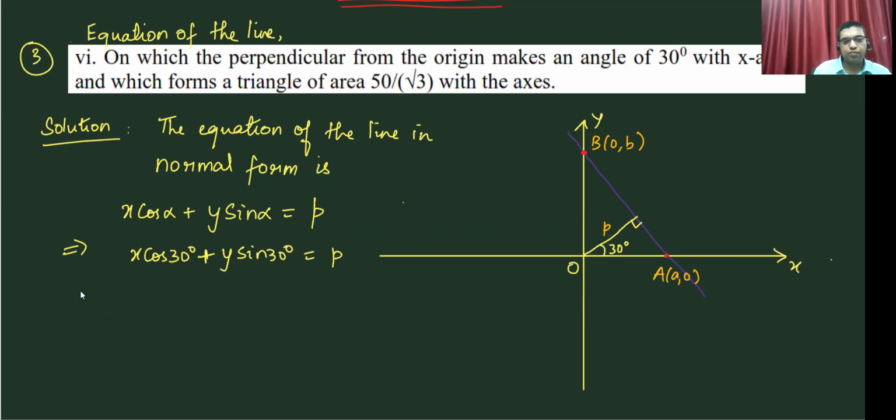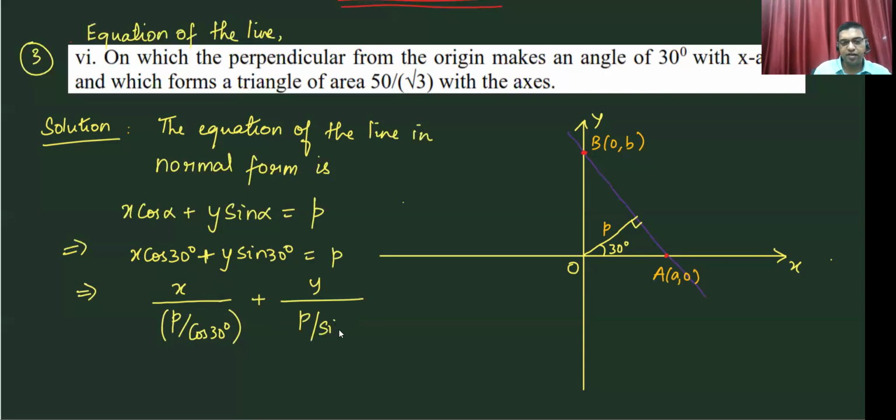Now what I'll do, I will write this in the intercept form. I'll divide by p throughout. When I divide by p, I'll get x cos 30 by p plus y sin 30 by p equal to 1. And then that cos 30 I have to take from numerator and bring it to the denominator. Y upon p by sin 30.